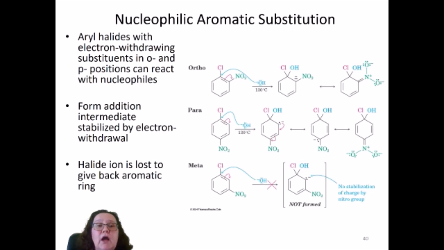So if you have a benzene ring with a halogen, an aryl halide, and you have a substituent in the ortho or para position which is electron withdrawing, so a nitro group or a carbonyl group of some description, for example, or an ammonium ion, then you can have a nucleophilic aromatic substitution and an attack of a nucleophile onto this carbon.